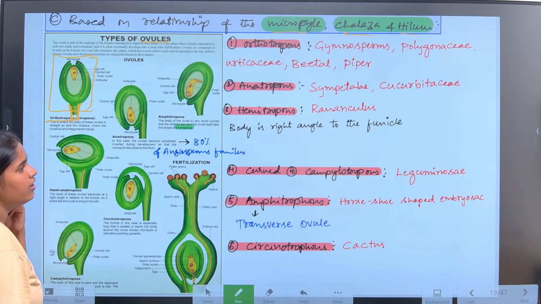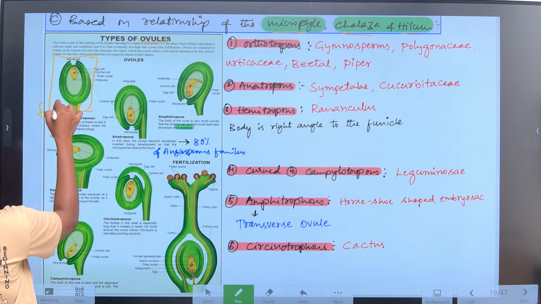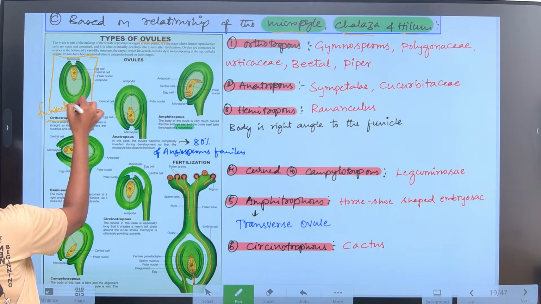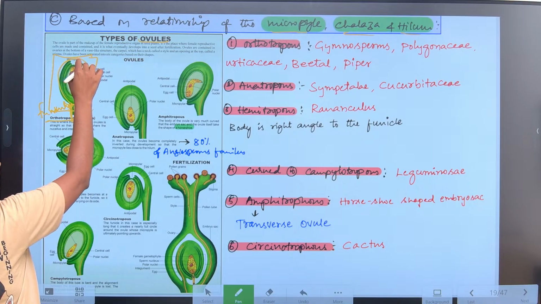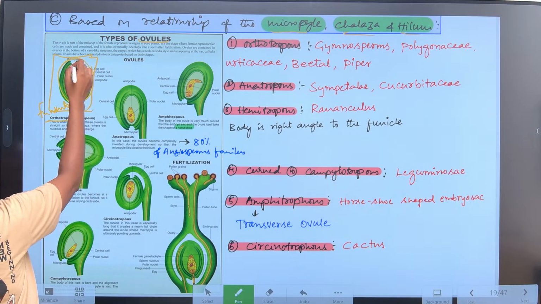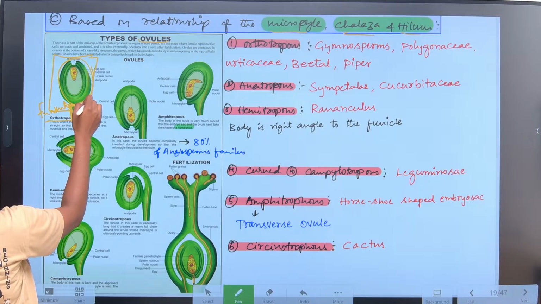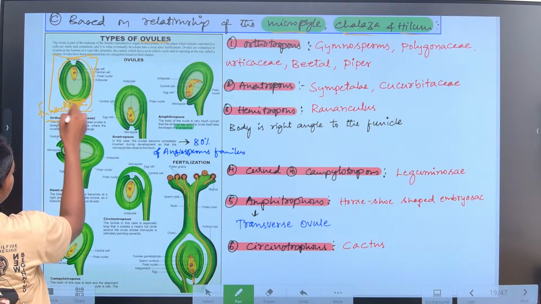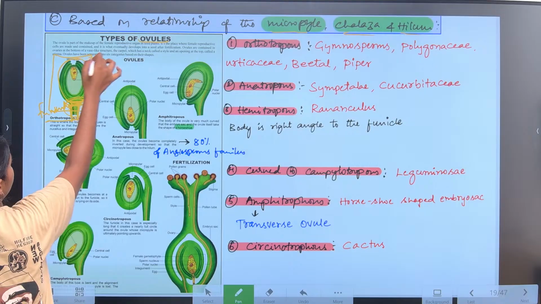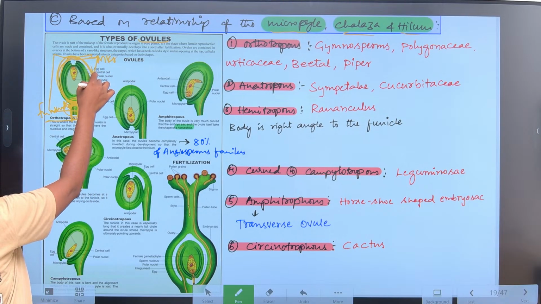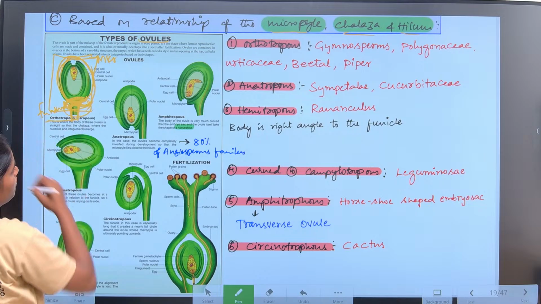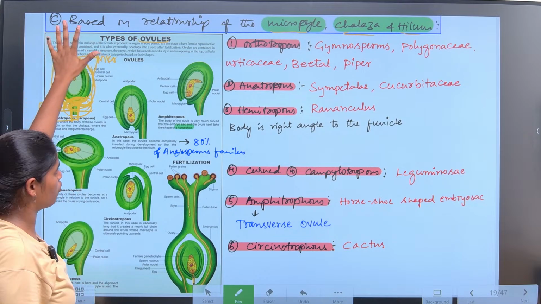Which is connected, that is funicle, and this is the ovule. Here the ovule is straight, so the chalaza and the hilum and all the integuments merge here. And this is the micropyle region. So if the ovule is straight and chalaza and all the integuments are merging, it is orthotropous.